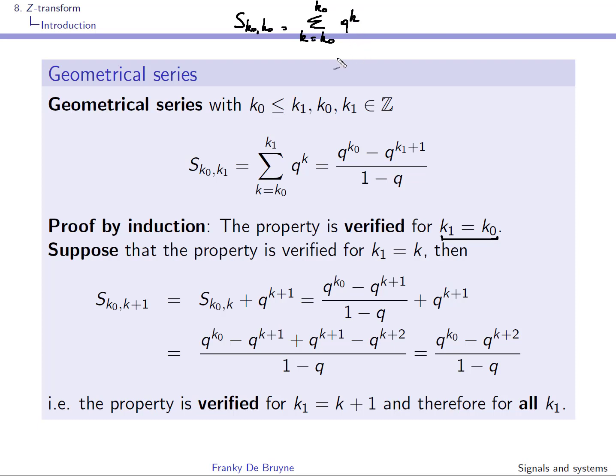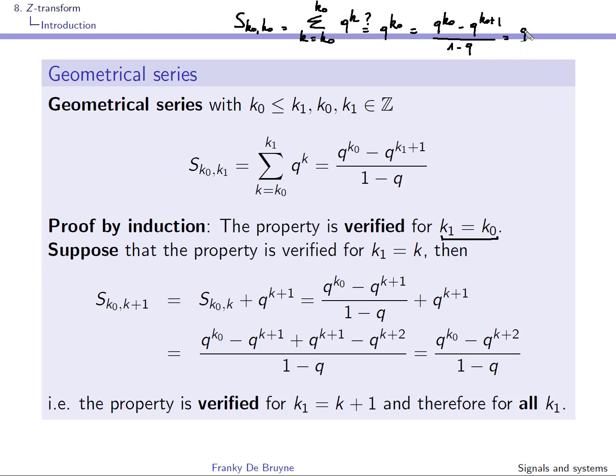Okay, so it should be, of course, q to the power k0, and we see that this expression here, when k1 is equal to k0, is q to the power k0 minus q to the power k0 plus 1, over 1 minus q.